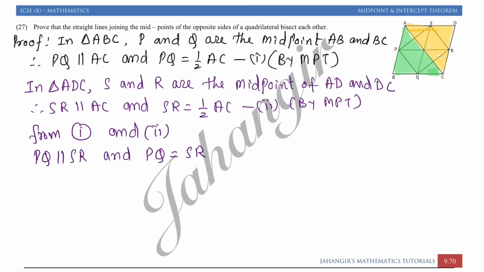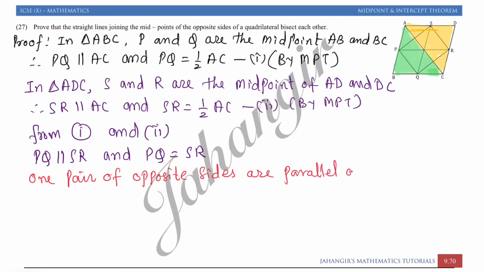So therefore one pair of opposite sides are parallel and equal. We can say PQRS is a parallelogram.